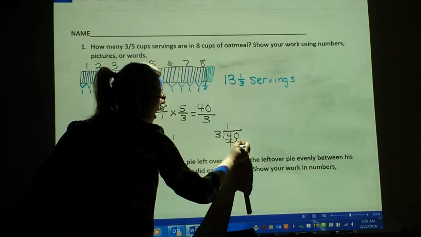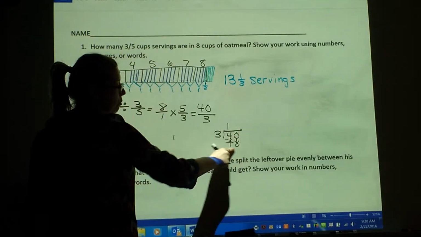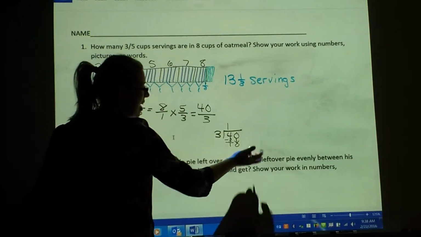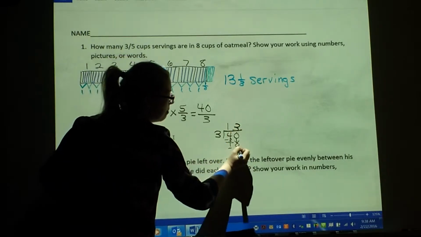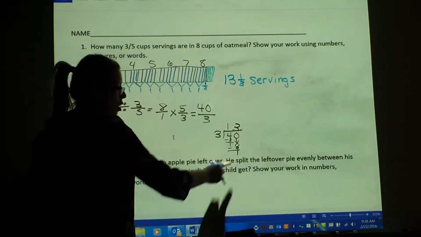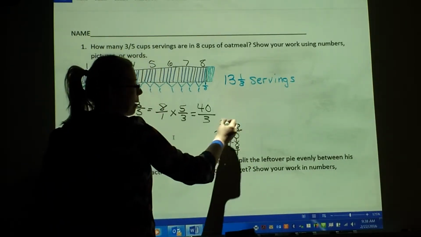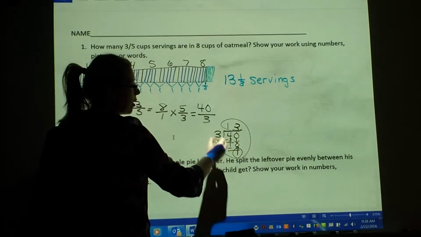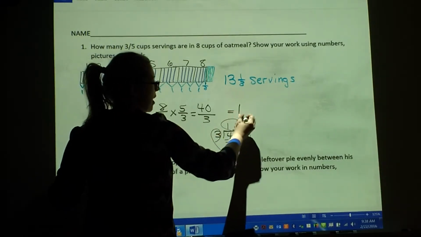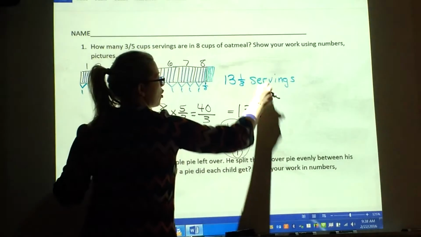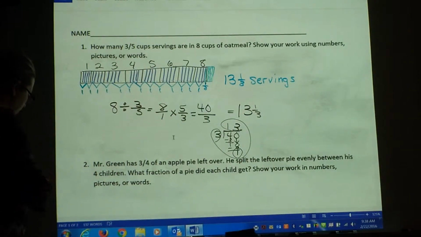I'm not finished. I have to bring down my next place value, and now I'm looking at 10. 3 can divide into 10 3 times with a remainder of 1. So now I have my whole number, numerator, denominator, for a final answer of 13 1/3 servings.